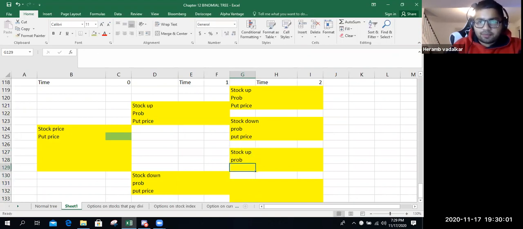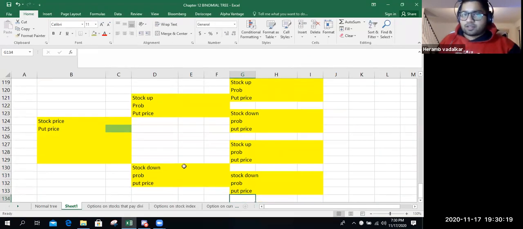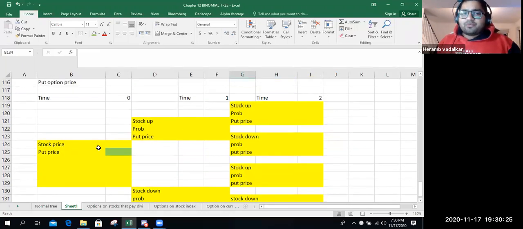Probability of going up, put price. Stock can go down, so stock down. Probability of going down, put price. Okay. So you create a tree like this and start filling.